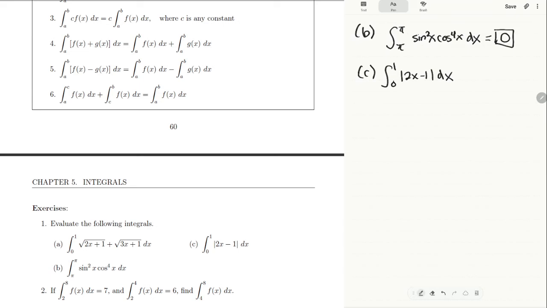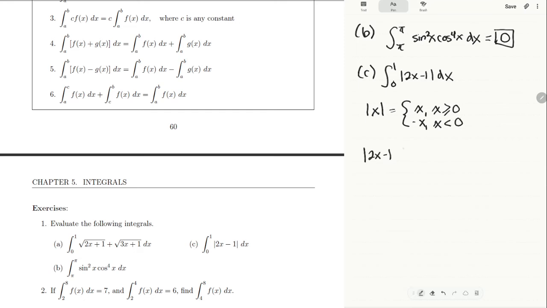Now in the next example, we have the integral from 0 to 1 of the absolute value of 2x minus 1 dx. Since we're dealing with the absolute value function, let's rewrite it as a piecewise defined function. Recall that the absolute value of x is x when x is greater or equal to 0, and negative x if x is less than 0.